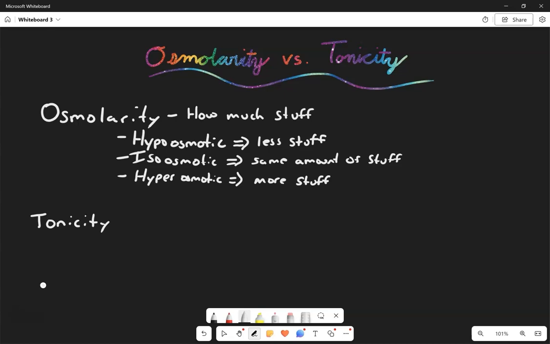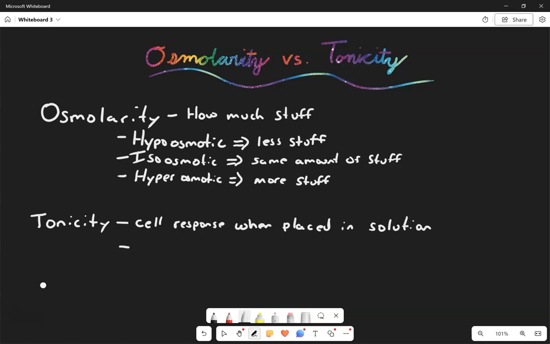Okay. Tonicity, we've already been through, is the cell's response when placed in solution. And do you remember what those three responses were?